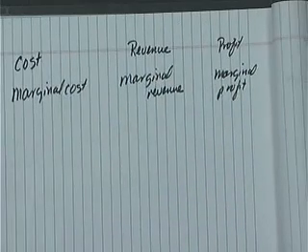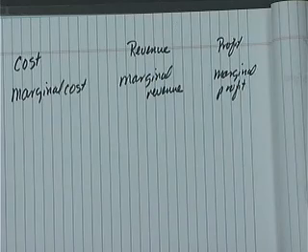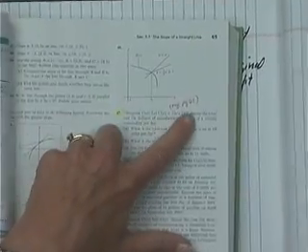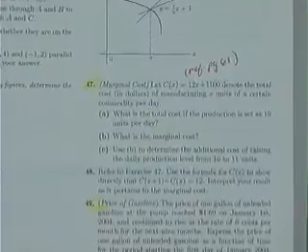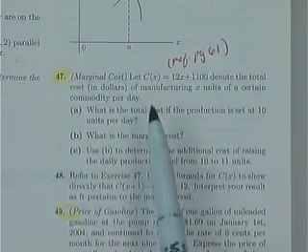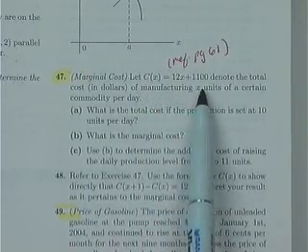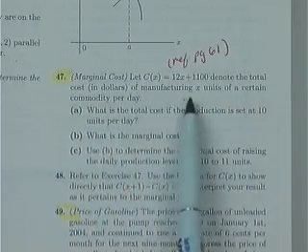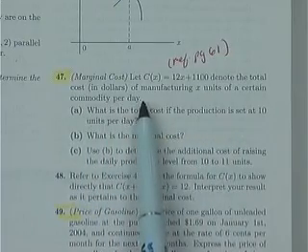All right, and the example I decided to do is just one right out of the book, and use it to help explain. So I'm on page 69. This is explained actually on page 61 in your book, but I'm going to do it from the example here. Marginal cost. It says, let C of x equal 12x plus 1100 denote the total cost in dollars of manufacturing x units of a certain commodity per day.